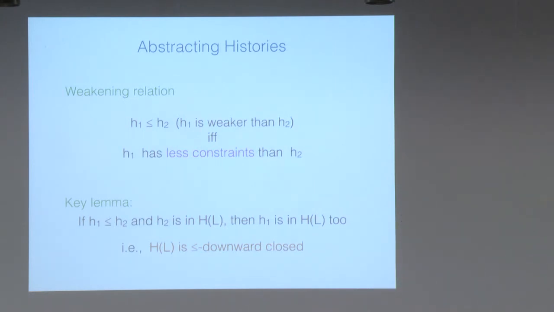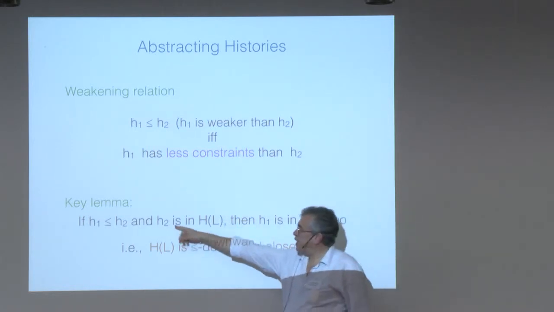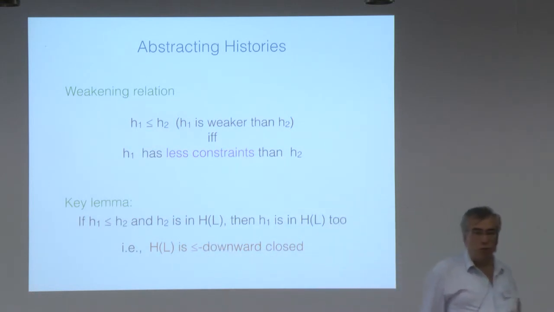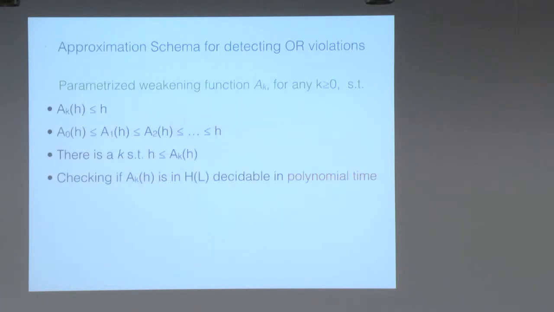So if you can linearize H2 with respect to this library, you can linearize something which requires fewer constraints, okay? When you think about it, it's something natural.